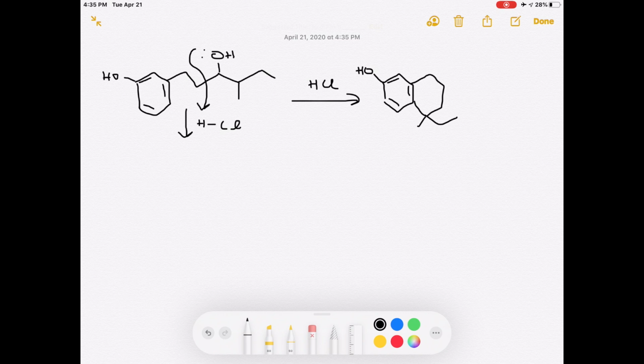So it's going to get protonated, and we have a protonated oxygen, the hydroxyl group, as one of our substituents. The next step is that since this is a good leaving group, it will leave, and we have a carbocation.